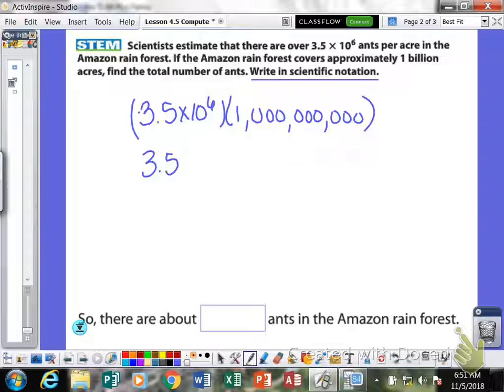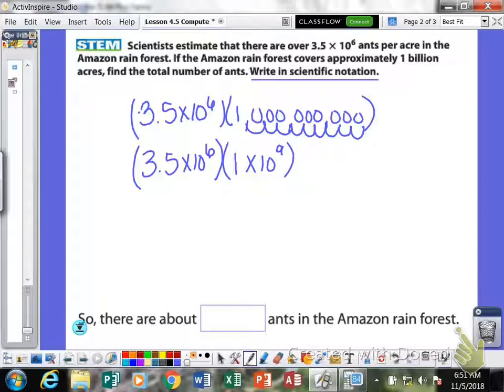Really, if you wanted to, I'm just going to show you, you could rewrite this as 1 times 10 to the, and then we're going to move the decimal 1, 2, 3, 4, 5, 6, 7, 8, 9, times 10 to the 9th. Or you could just type it in as 1 billion. That's entirely up to you, whatever works for you.